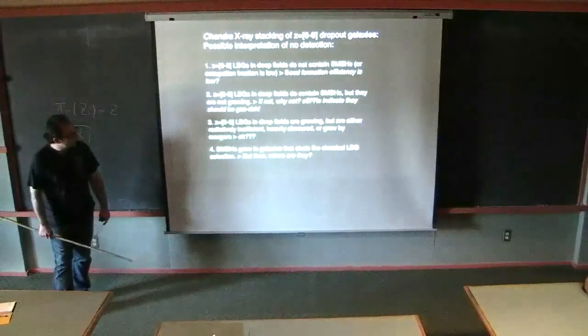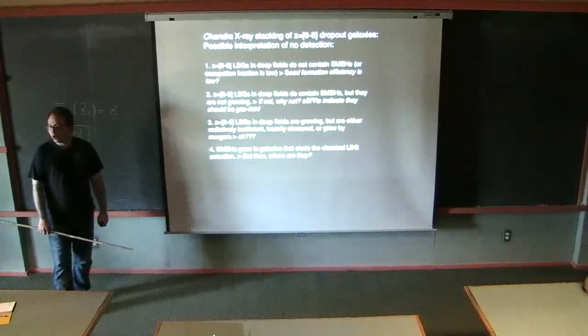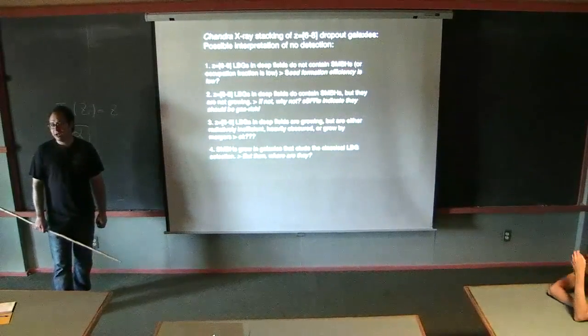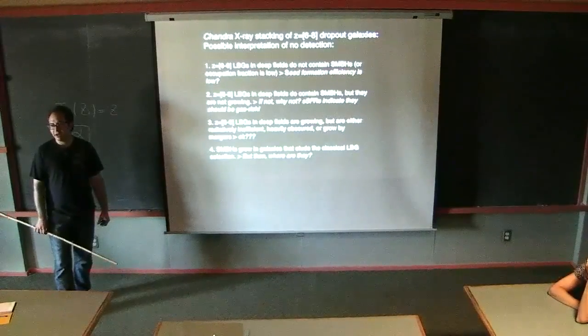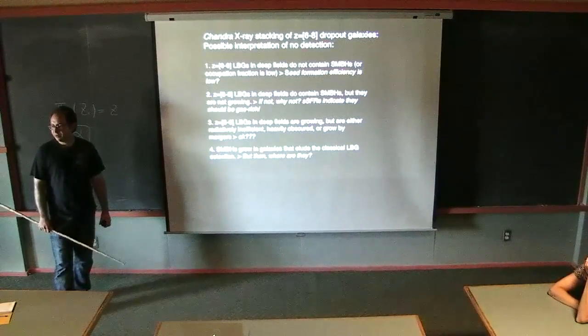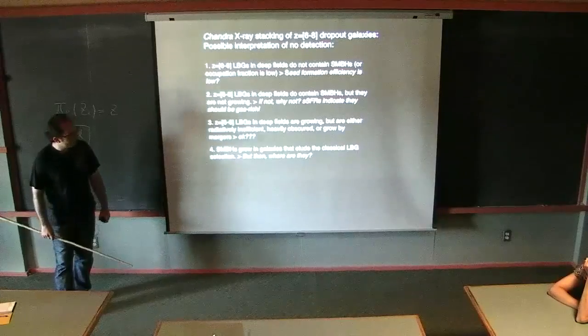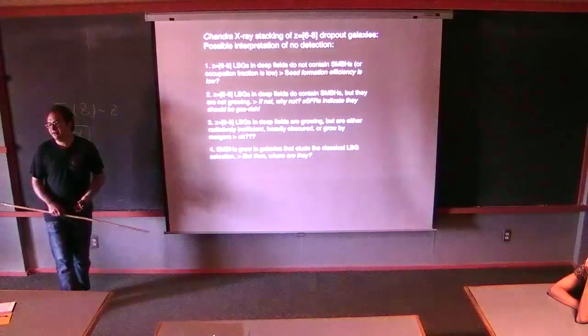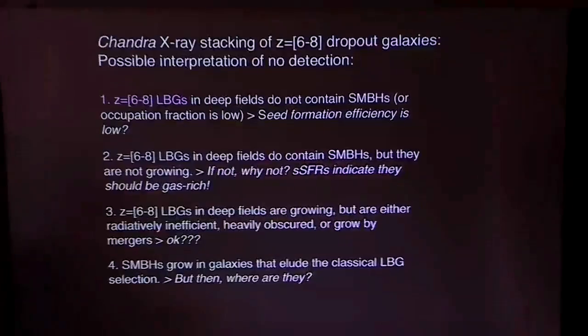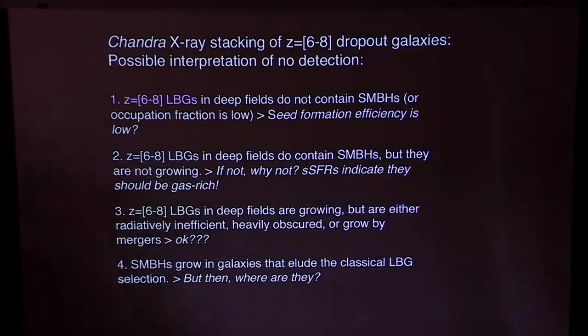So, do you doubt that 4 is the answer? I was hopeful about 4. Now that we've had a closer look, I'm less hopeful about 4. Ultimately, if they're growing by accretion and there's not something really odd going on, they should be X-ray sources.